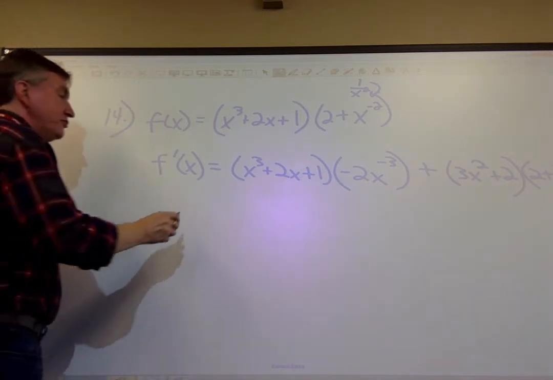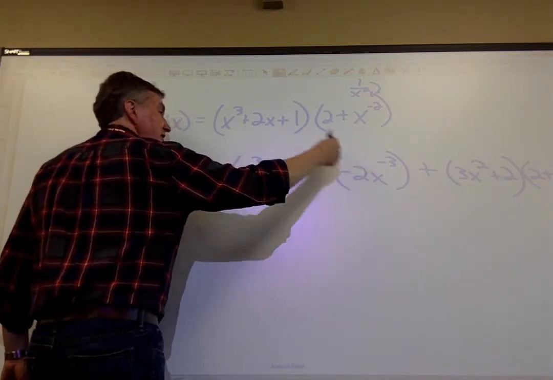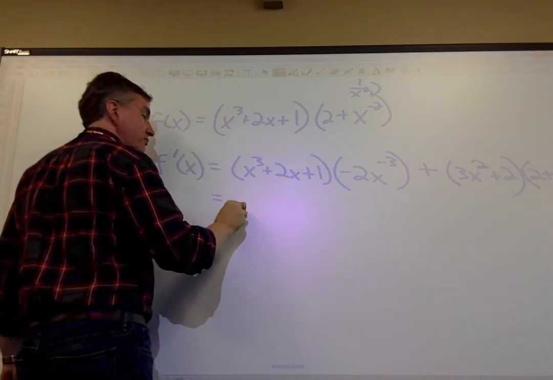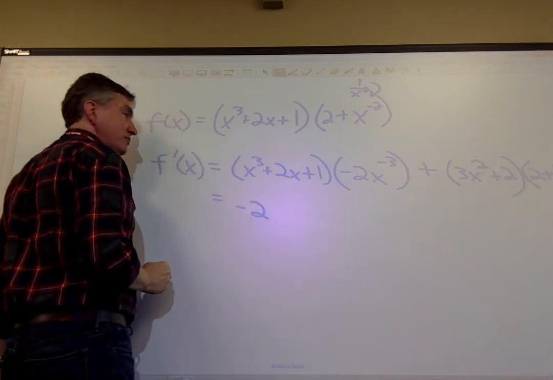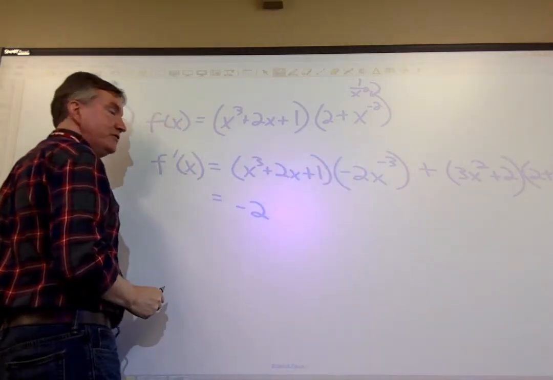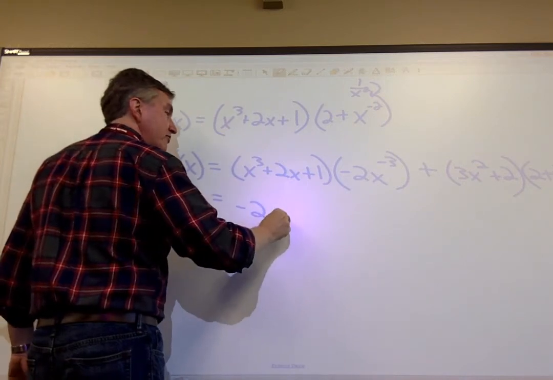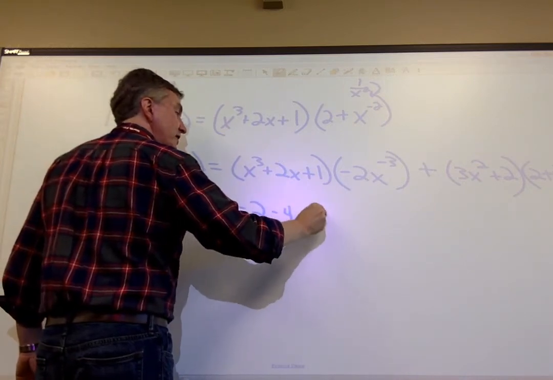Now, of course, when we distribute, it's not going to be pretty for a minute, is it? If I distribute that negative 2x to the third, would you agree the first product is just negative 2? Because the 3 plus negative 3 would give x to the 0. Then that would be minus 4x to the negative 2, wouldn't it?